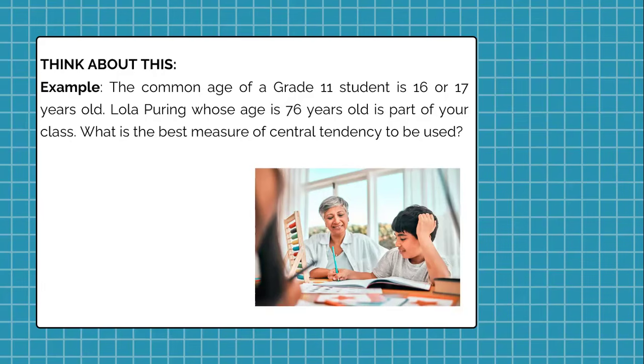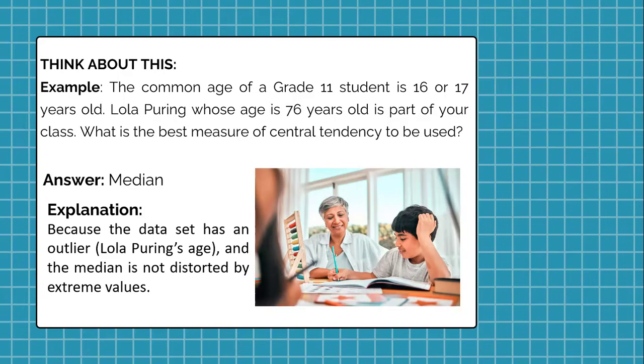Very good. Since we have the presence of an outlier, the median is the best measure, because the mean would be affected by Lola Poring's age, while the median accurately represents the typical student age. So we cannot use the mean here.